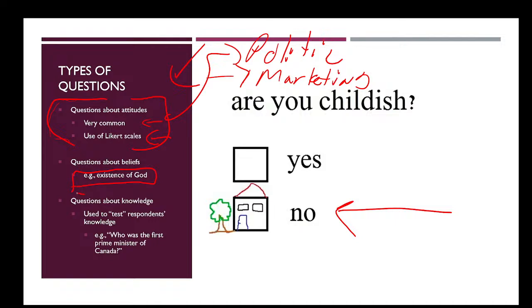Knowledge questions you can definitely ask as well to test people's knowledge. I wouldn't say for social research, like for sociology, that these are super common. I'm trying to think if I've ever used one. I can't think of a time where I ever used one, but maybe I should look back on all my surveys.